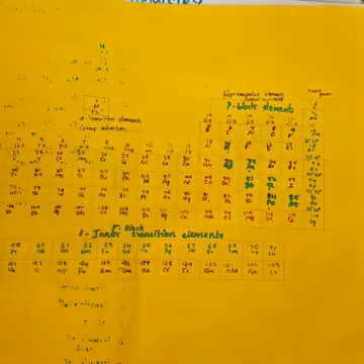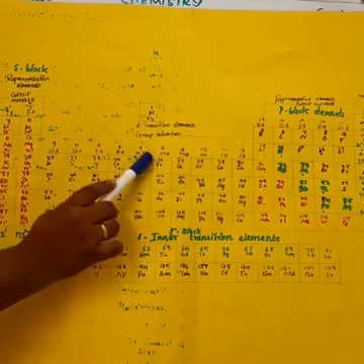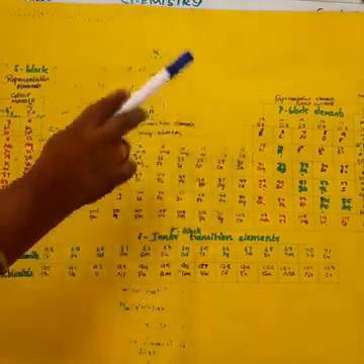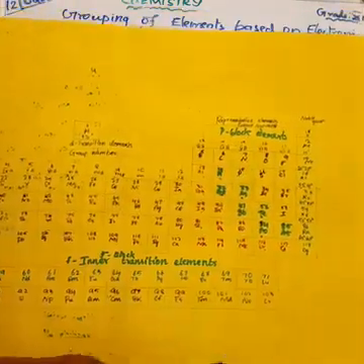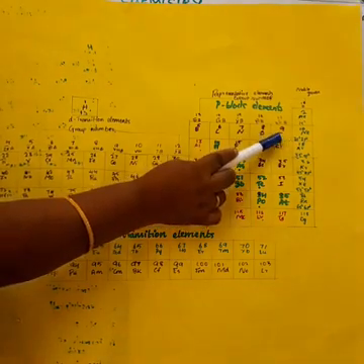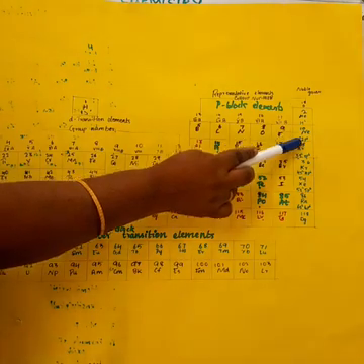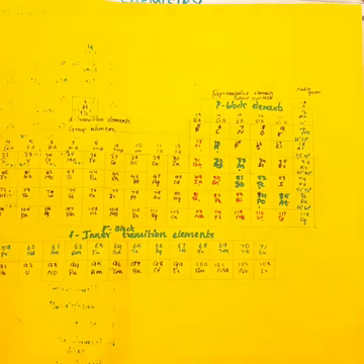Lithium is 2s1, beryllium 2s2, boron 2s2 2p1, carbon 2s2 2p2, nitrogen 2s2 2p3, oxygen 2s2 2p4, fluorine 2s2 2p5, and neon 2s2 2p6. It starts from 2s1 and ends with 2p6.